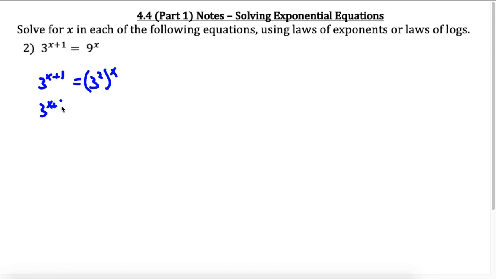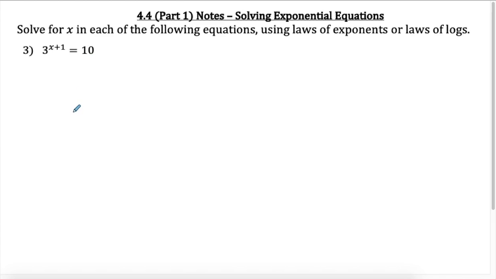And then once I have the same base, all I need to do is set the exponents equal. So I'll have x plus 1 equals 2x, subtract the x over, and we'll get that x would be equal to 1.